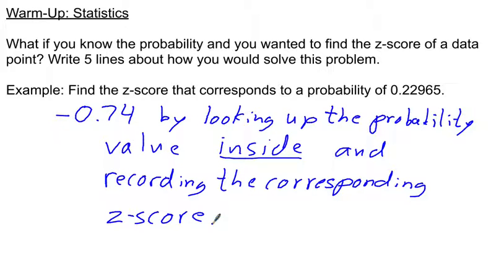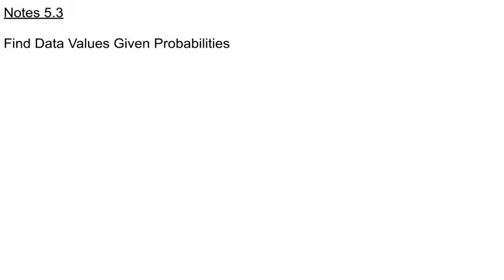All right, so let's go on to the notes for today, which is all about finding the data values given probabilities. All right? So there's 2 steps we need to do in order to find the data values.